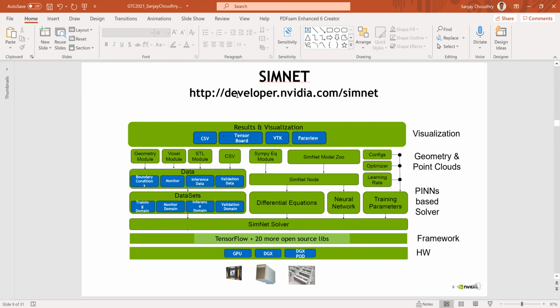As I said before, the code and the package is available at developer.nvidia.com/simnet. This is available both in a bare metal form for power users, as well as in the container form for beginners, so that people can get started quickly.